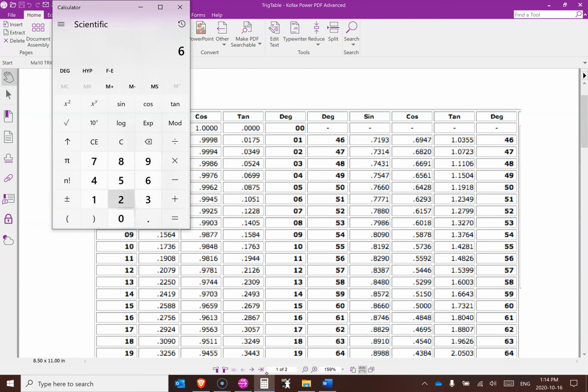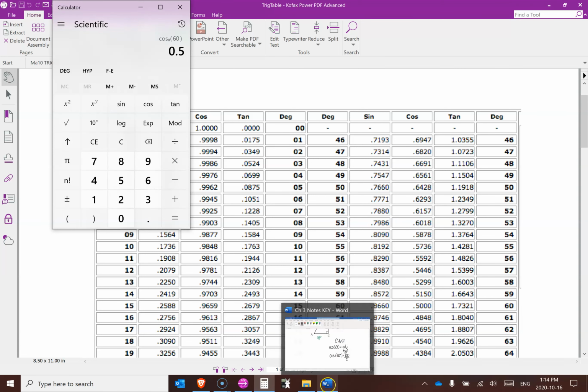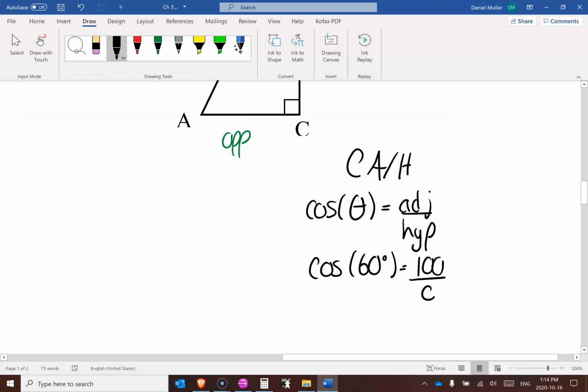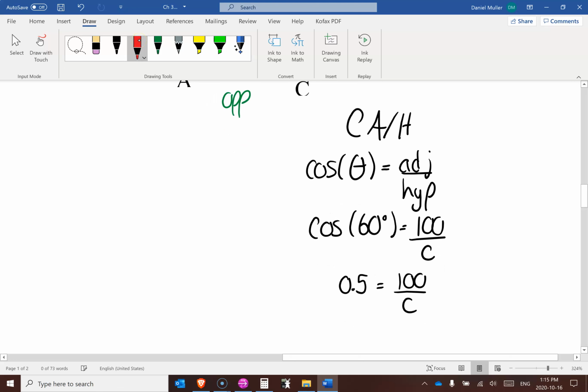Or if you had a calculator, cos of 60 is 0.5. So I know that cos of 60, which is 0.5, equals 100 over C. I do not like the C on the bottom, so I'm going to multiply by C so the numerator and denominator can cancel.